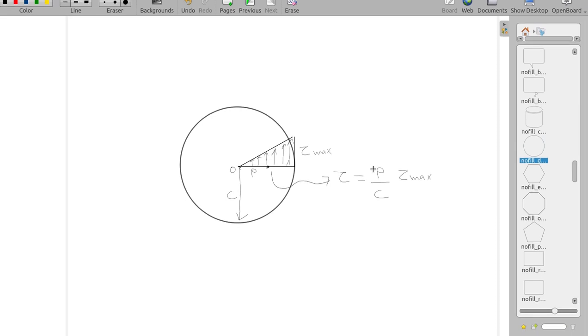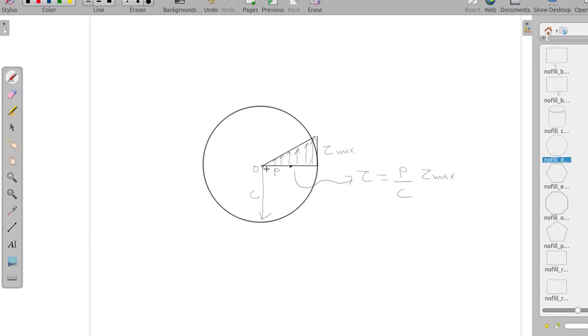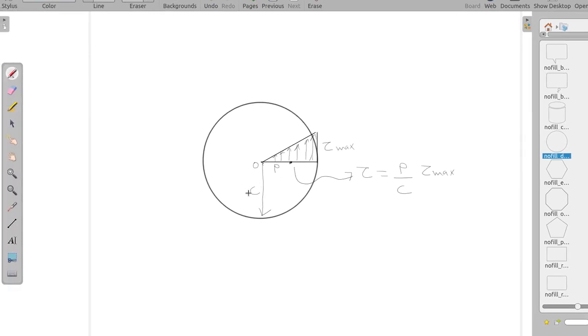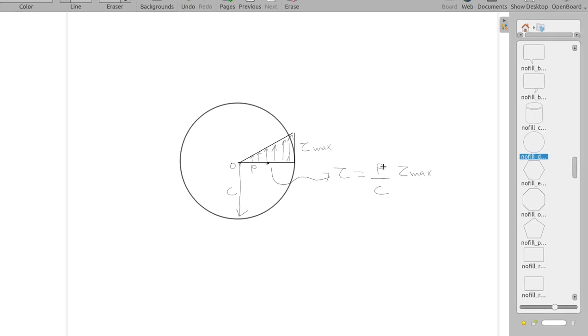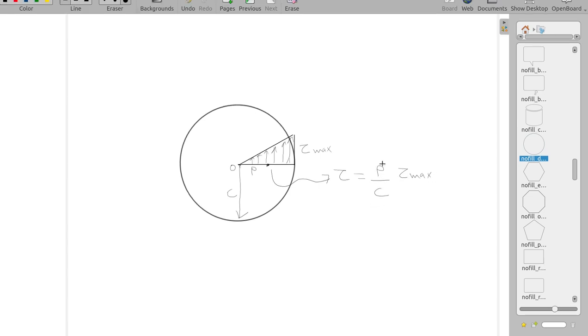When rho is 0, 0 into tau max is 0, tau is 0 when rho is 0. When rho becomes C, when rho is equal to the radius of the member, then C and C get cancelled, tau is equal to tau max.